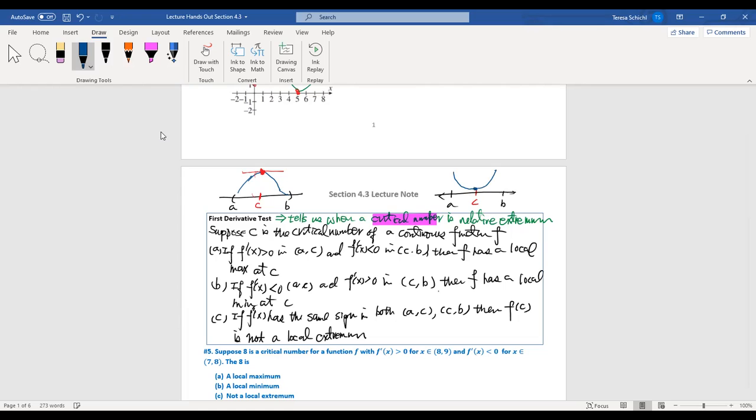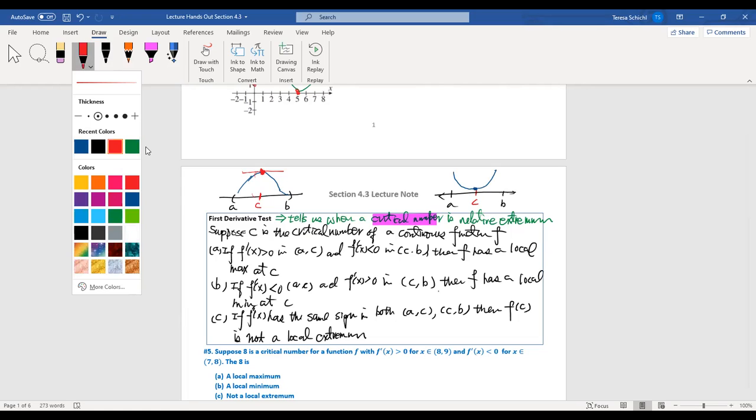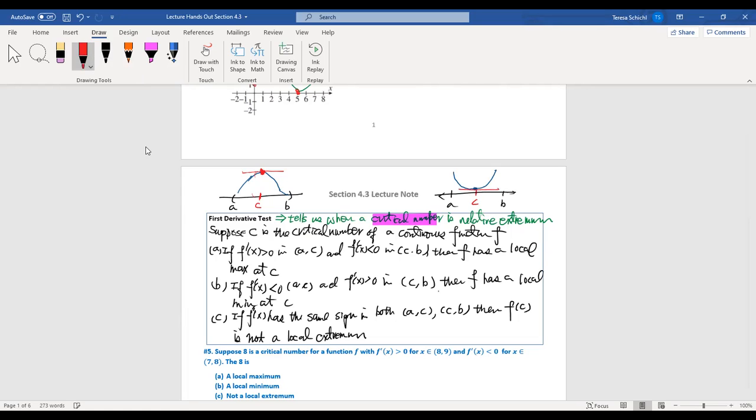So what happens here? Because this is the critical point, the tangent line slope equals 0, so this is the local min here. If both sides are increasing, or both decreasing, that means it's not turning here, so it's not a local max or local min.